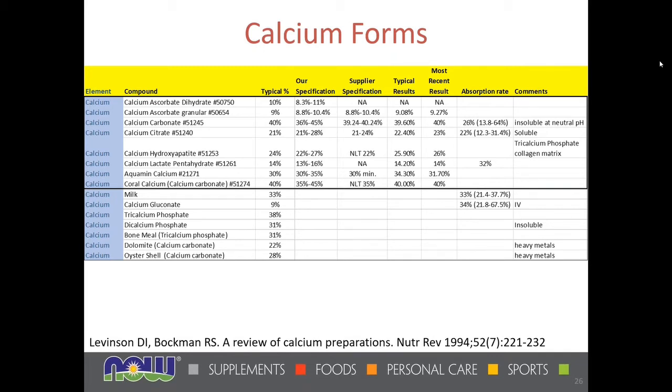But the other consideration is how good is your stomach acid? Are you taking it with meals and it's not neutralizing your stomach acid? Do you have adequate stomach acid to properly digest? And then all bets are off. Most of these calcium forms are going to work pretty well in someone who's got good stomach acid. Some of them will not work very well at all if you don't.